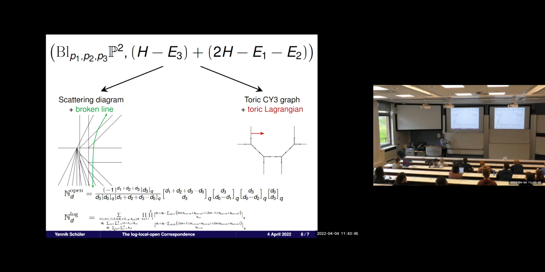The formula becomes really horrible. It's nothing you want to work with on an everyday basis. And on the other side, it's totally well behaved, not much changed. And this is basically the miracle of the log-open correspondence, that this very ugly sum reduces to such a nice, I don't know if you would call that nice, probably a lot of you wouldn't, but comparably to the second row, it's much, much nicer.